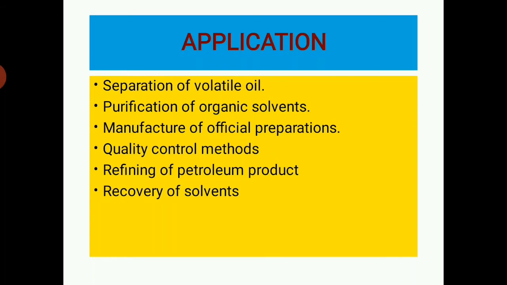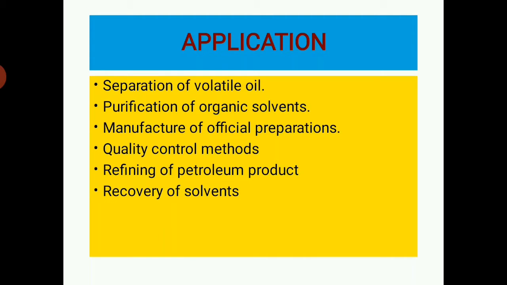Absolute alcohol, that is 100% ethanol, can be obtained by azeotropic distillation. Manufacture of official preparations: spirit of nitrous ether and aromatic spirit of ammonia are prepared by simple distillation. Distilled water and water for injection are prepared as per the specification of pharmacopoeia by simple and compression distillation methods.